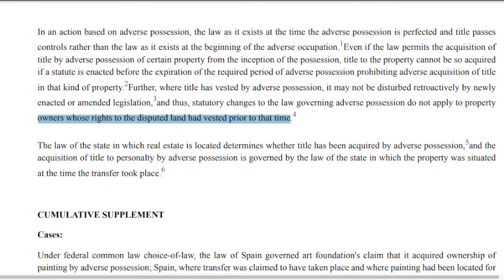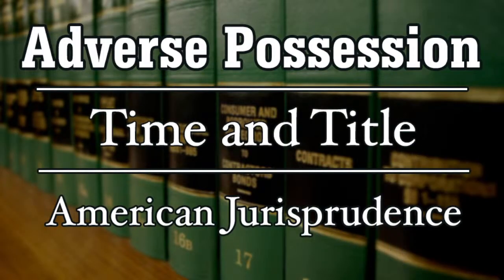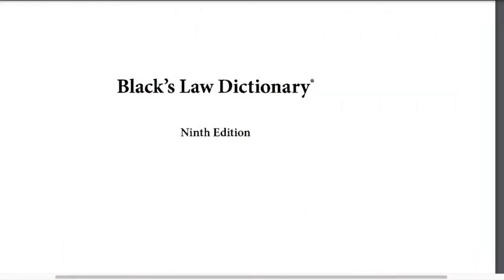Inception of the possession. So that's a good time to take a digression here, a sidestep into Black's, and let's find out what the legal term exactly is of inception, if there is any kind of one distinct from the normal dictionary definition.